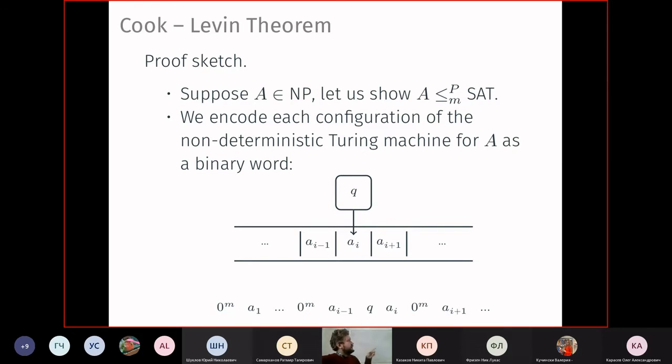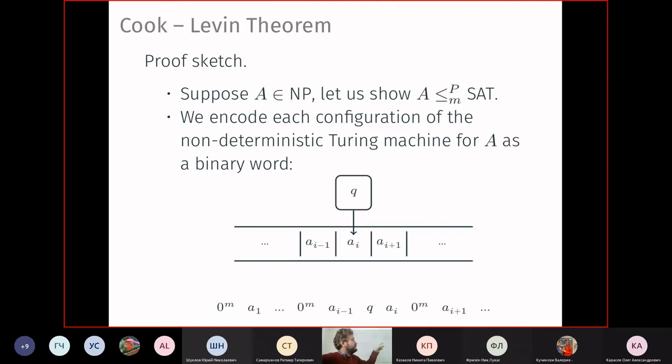Q is an element of a finite set, and elements of this set can be represented by words in zeros and ones, right? So we have m letters there. If the number of states is less than or equal to 2 to the power of m, then we can represent our state as a word in zeros and ones of length not greater than m.